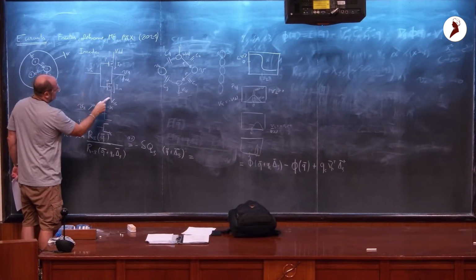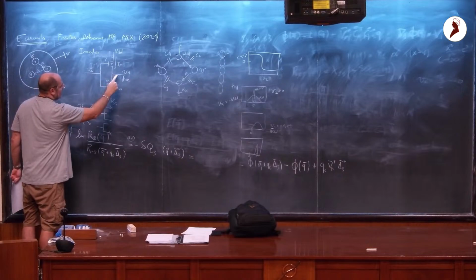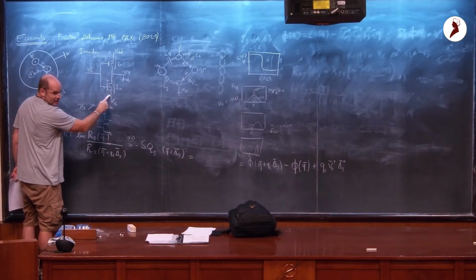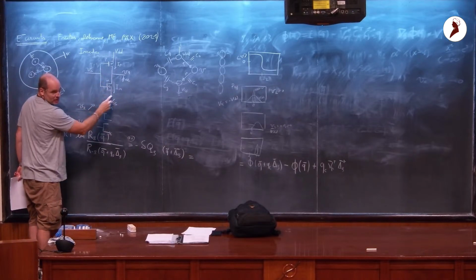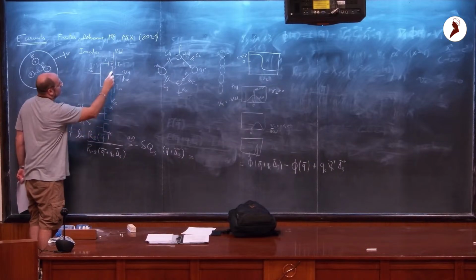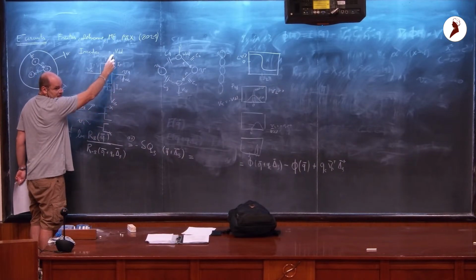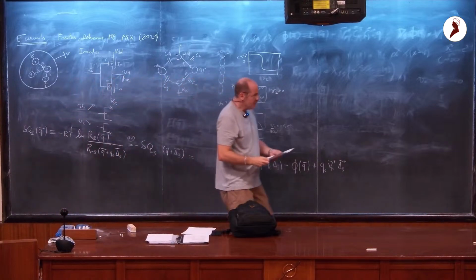So this guy will equilibrate with this guy because this door is closed, right? So these electrons will equilibrate with these guys. When this door is closed, these guys will equilibrate with these guys. So that's more or less the intuitive picture of what is happening.